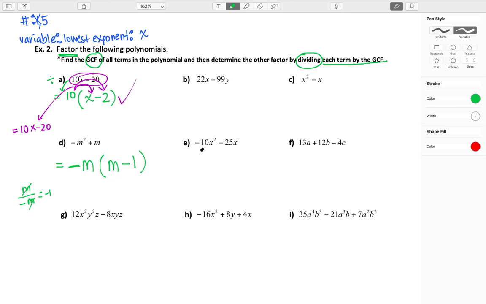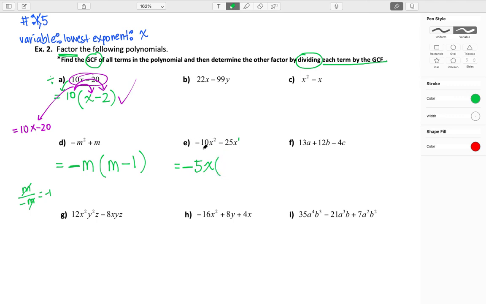What about letter E? Letter E, I'm starting with a negative here, so again, you're always factoring the negative first. For the number, we have 10 and 25, and it looks like 5 is going to be the greatest common factor. And for the variable, x, the one with the lowest exponent. So let's try.